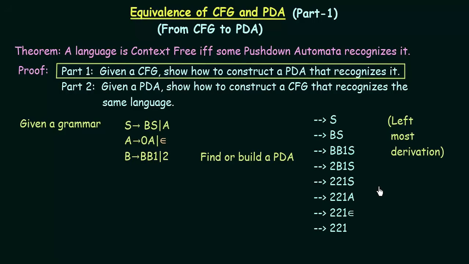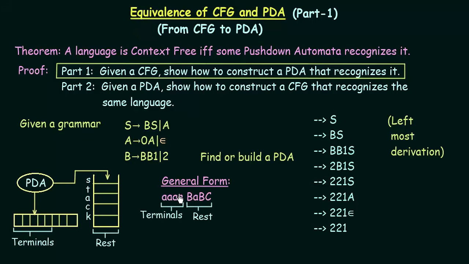Now we will see how we can put this into our PDA, or how we can design a PDA for this kind of productions of the grammar that we have. Okay, so here I am writing this in a general form. So here we have different forms, as I told you, in left sentential form, and here let's say if I take this one, here I have 2, 2, 1.